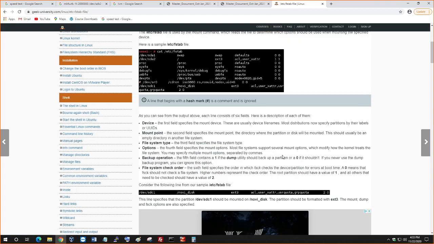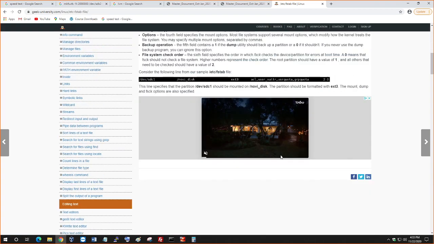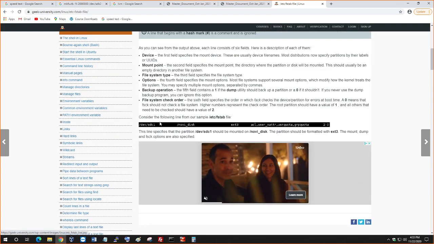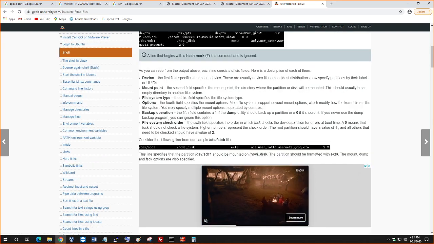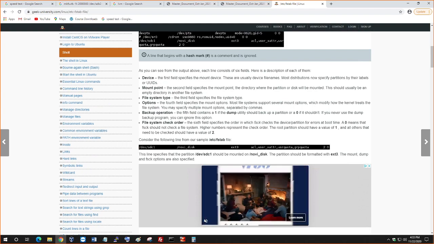So over here, I think 0 is high priority, 1 is low, and 2 is even lower priority.